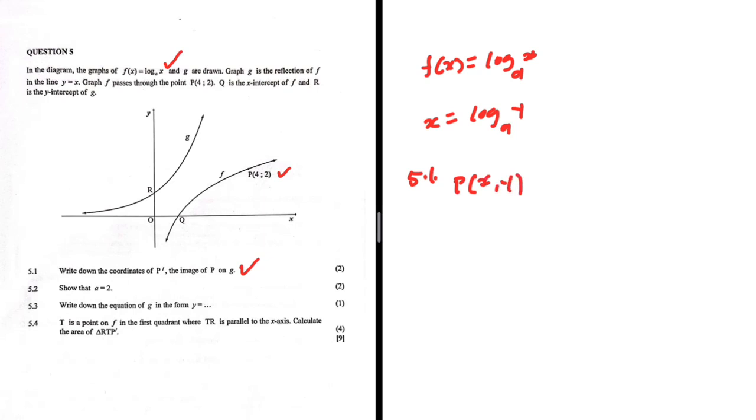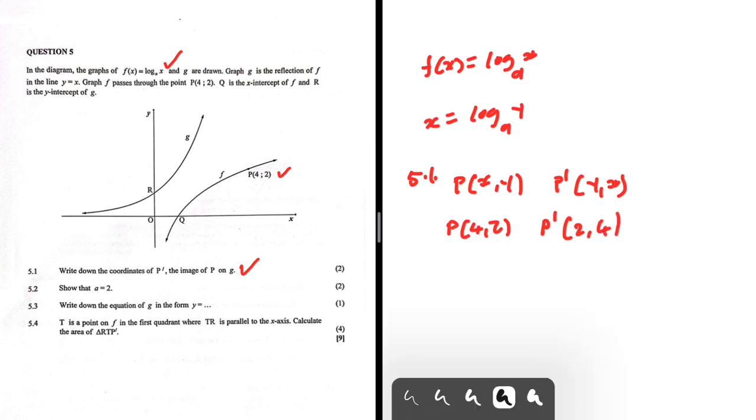So because g is the inverse of f, for P prime we're going to have y, x. So what is P? P has coordinates 4 and 2. And for P prime, we're going to have coordinates 2 and 4. That's what an inverse does to an equation. There we go. That is 5.1.